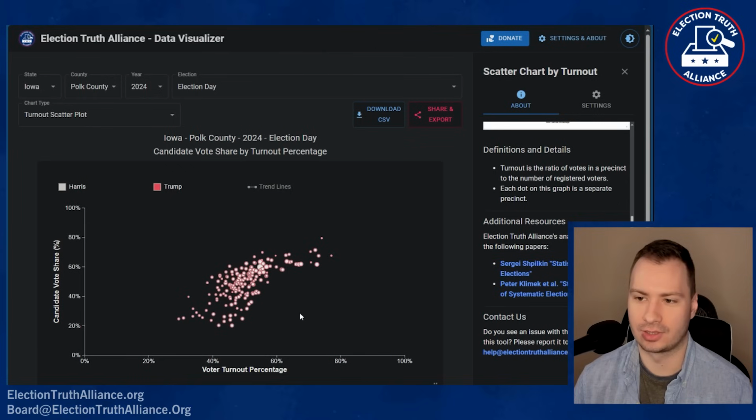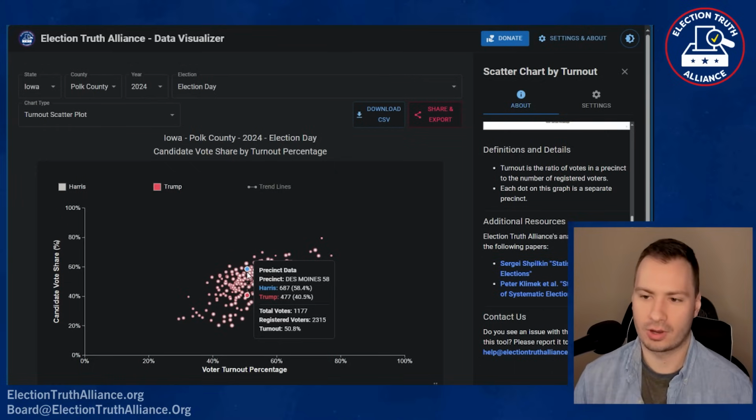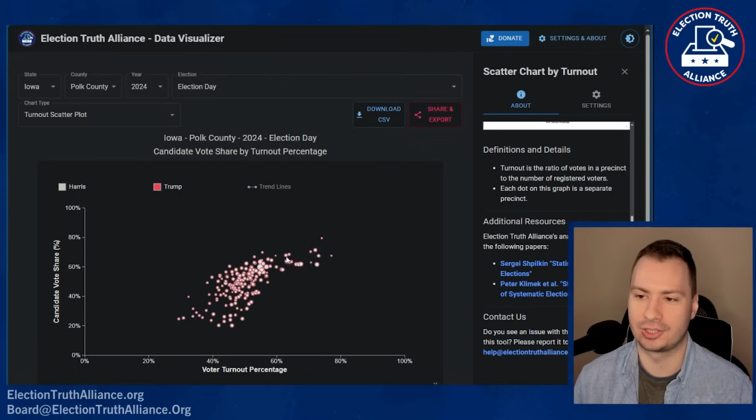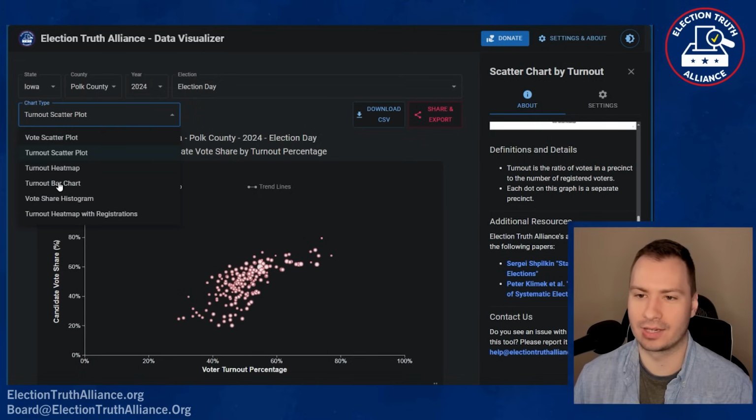Let's say you sit somewhere around 50% turnout and you want to win. So across all of the precincts after 50% turnout, you add in 10 or 20% of the votes, and they're all for one candidate. That's going to cause this shift where the candidate is growing in the amount of votes they're getting in places of higher turnout. And that is the concern. And we can actually see that with our analysis.